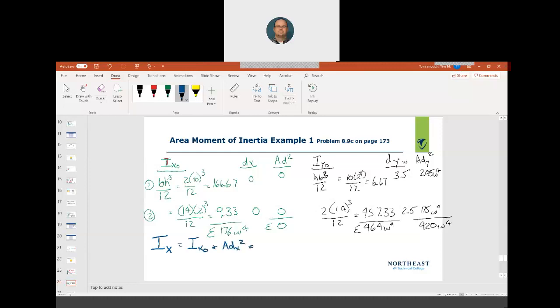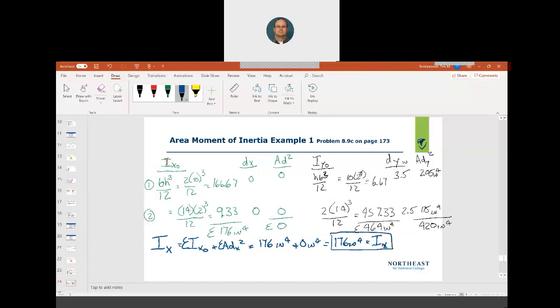Here is my sum, Ixo, the individual component centroids, which equals 176 inches to the fourth, plus the summation of my distance term, 0 inches to the fourth. So that equals 176 inches to the fourth, which is Ix, the composite moment of inertia.